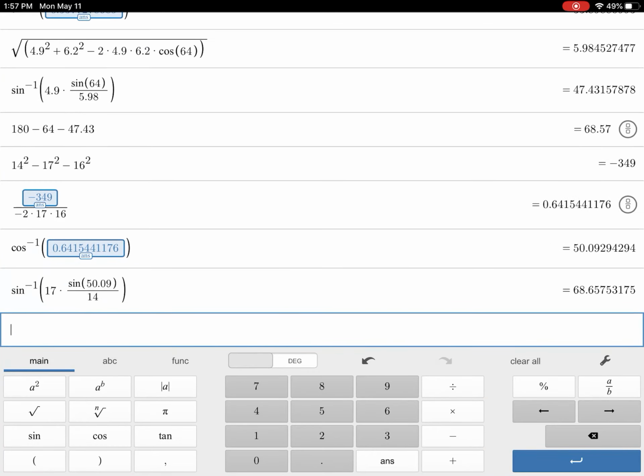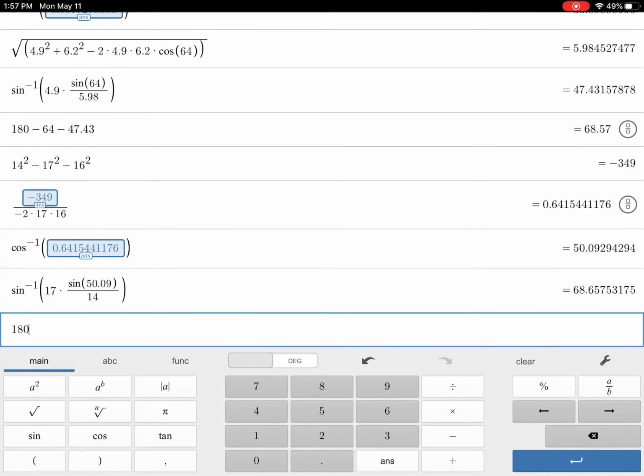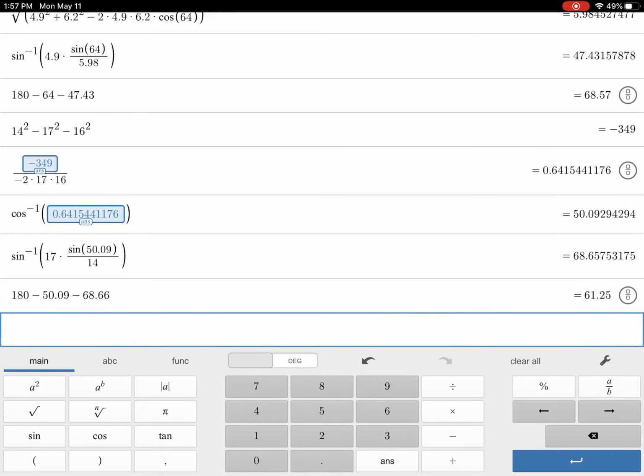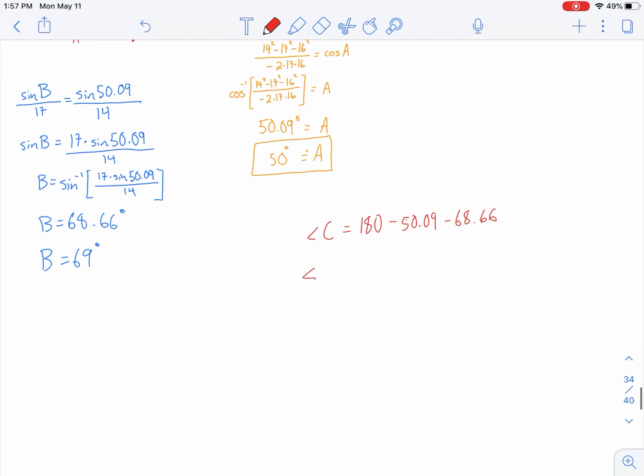Use a calculator for this one. 180 minus 50.09 minus 68.66, and we get 61.25 degrees. So angle C would be equal to 61.25 degrees. Rounded to the nearest whole degree, angle C is going to be 61 degrees there.